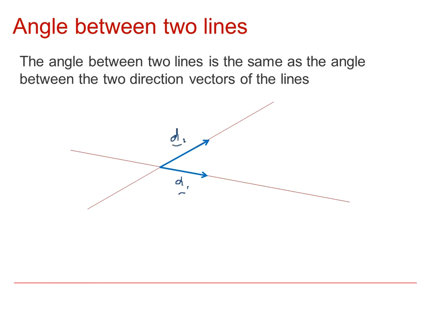The angle between the 2 lines is then found by using the dot product, so that d1 dot d2 divided by the modulus of d1 multiplied by the modulus of d2 is cosine theta.